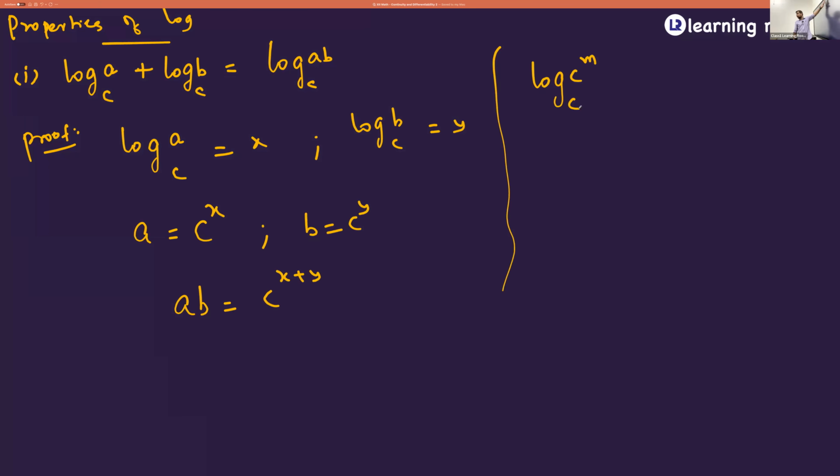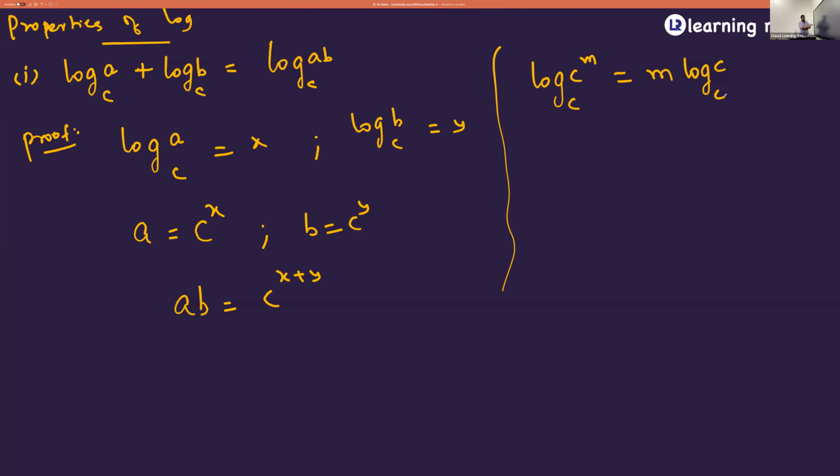Log of any number raised to the power m, base the same number, this will become a multiplication factor, is equal to m log of c base c. So log of any number raised to the power m, base that same number, is equal to m times log of that number to the base that number.